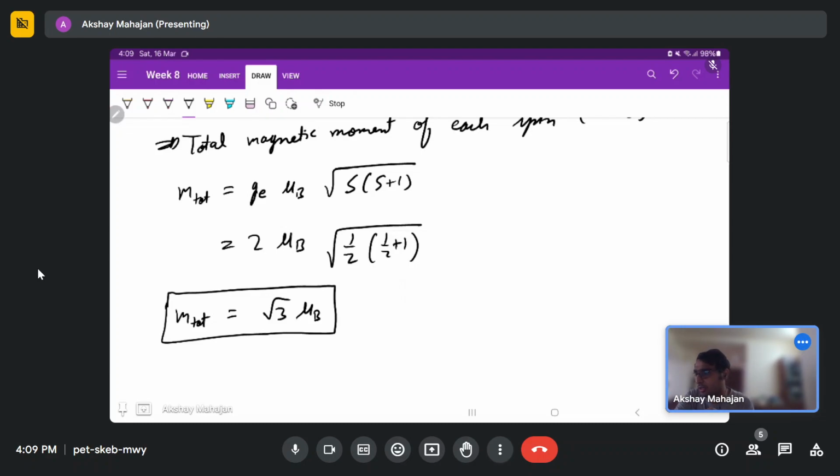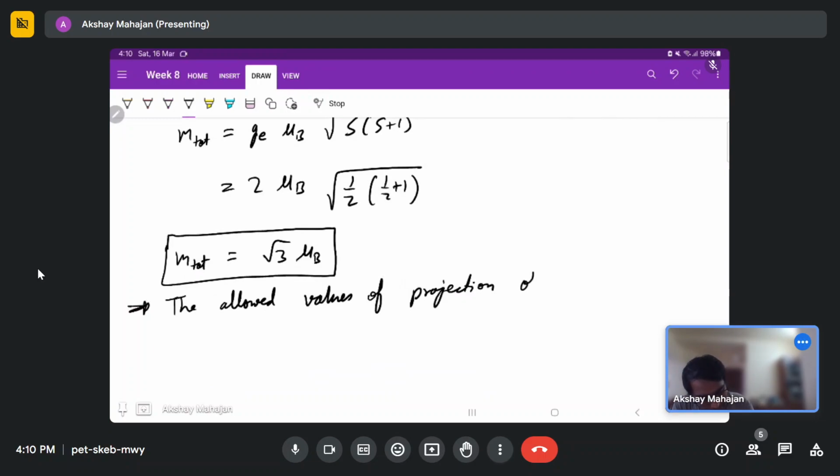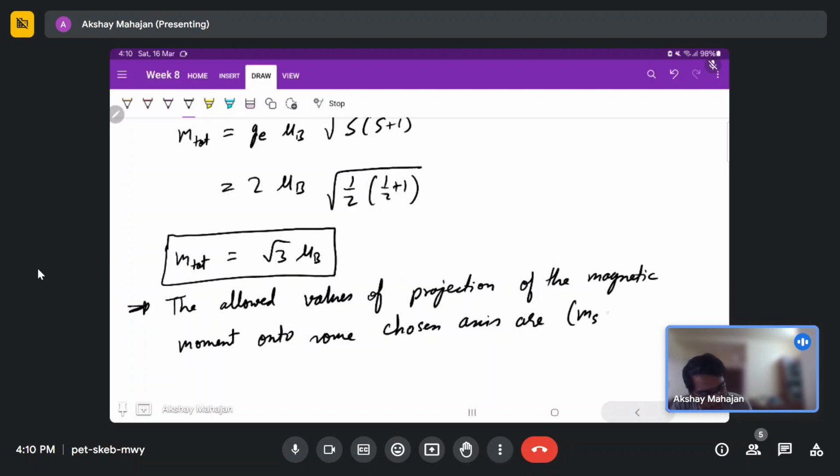And the allowed values of the projection of the magnetic moment onto some chosen axis are, since s is equal to half, m_s values of plus minus half.